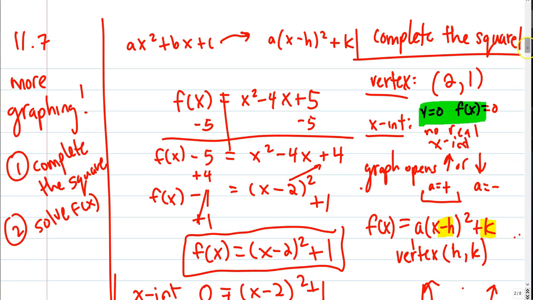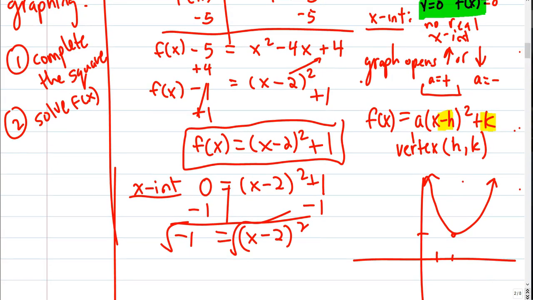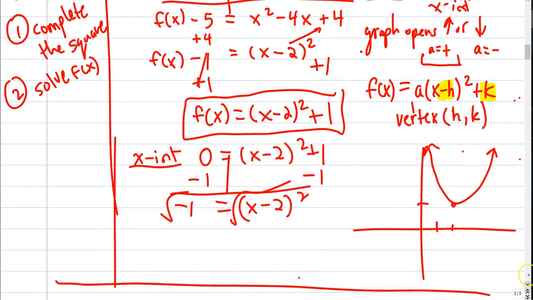If you wanted to be a little more impressive on this, you actually could still solve this, because the square root of negative 1 would just be plus or minus i. And then when I add 2, we would get that x is equal to 2 plus or minus i. Those would be the two imaginary x-intercepts.